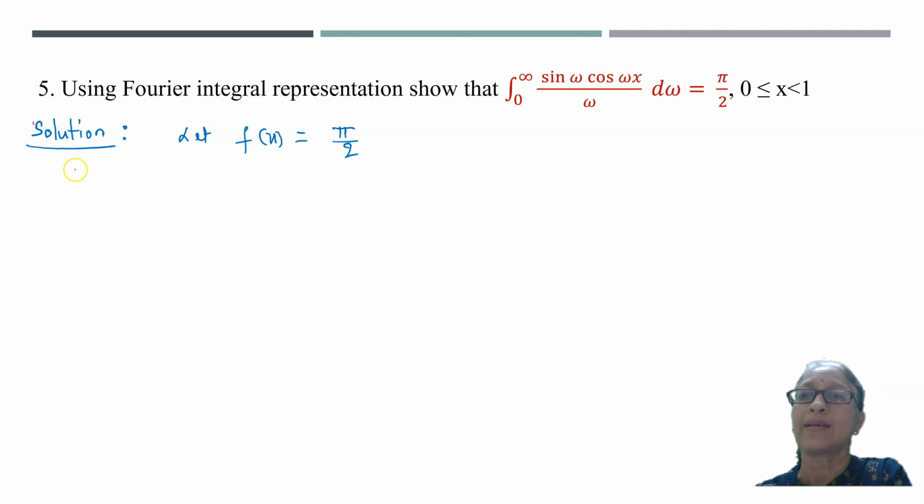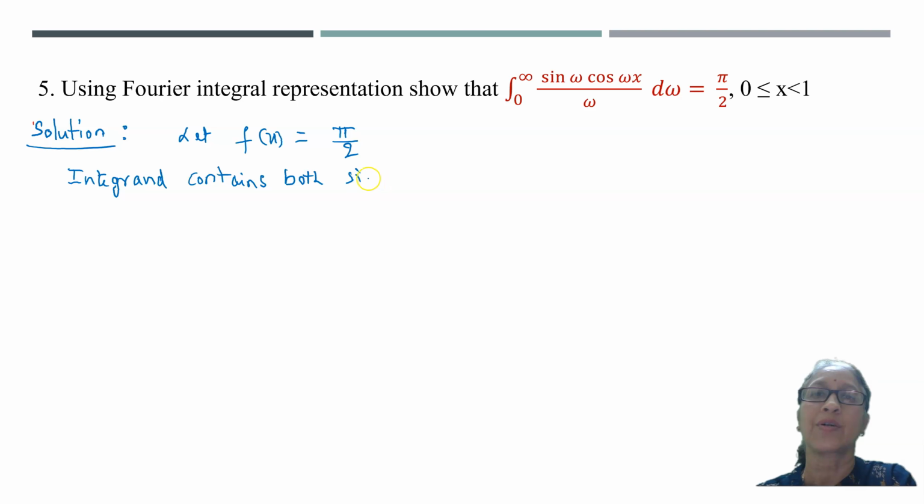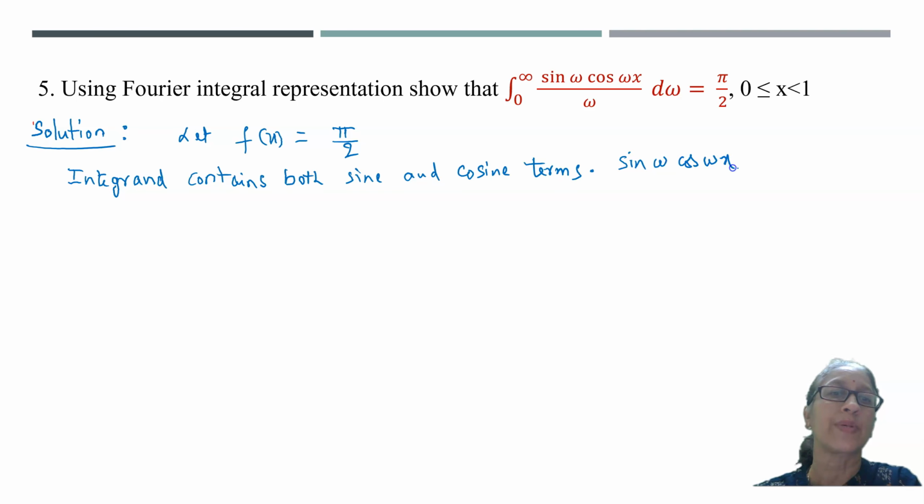Now, here integrand contains both sine and cosine terms. So here sine omega cos omega x upon omega is even function.